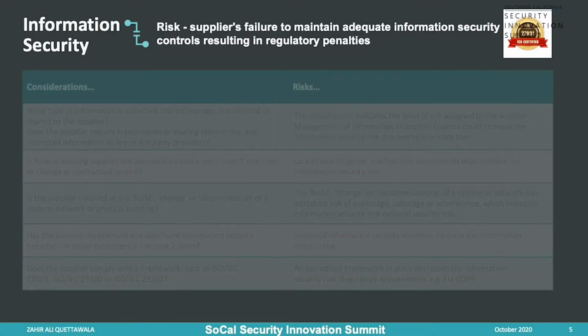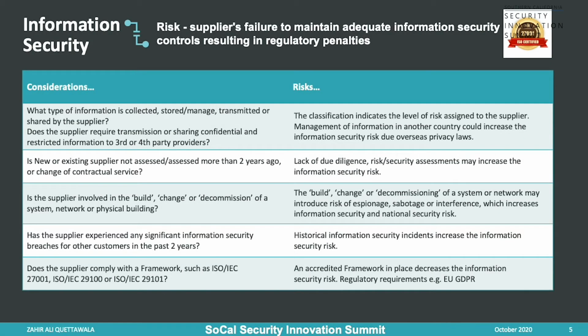Now let's go to the third area, which is information security. The risk over here is the supplier's failure to maintain adequate information security controls, which could result in legal or regulatory penalties. So the first consideration I always put in place is what type of information is collected, stored, transmitted or shared by the supplier.